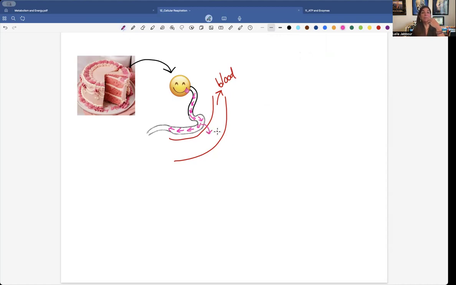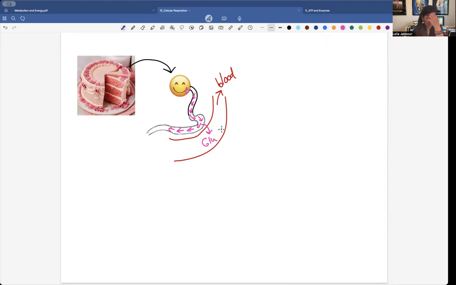We eat, our intestinal cells break down the food, and these tiny little sugar molecules get absorbed literally through the intestinal wall and into the blood that's right behind the intestinal wall. So the food is literally going from one cavity into a cell, into the blood. So you end up with glucose right here.